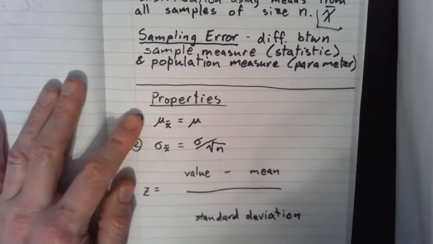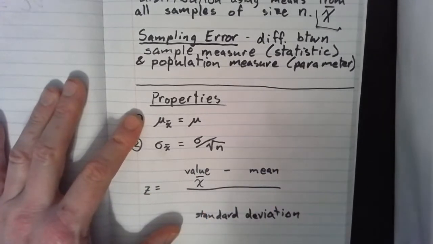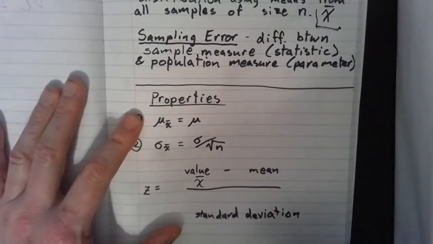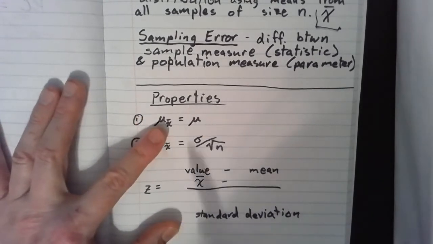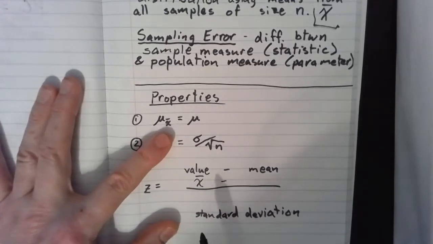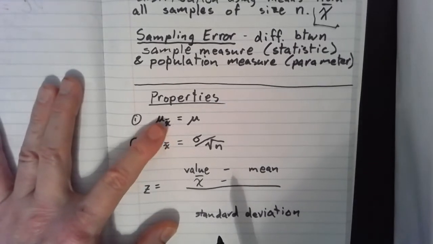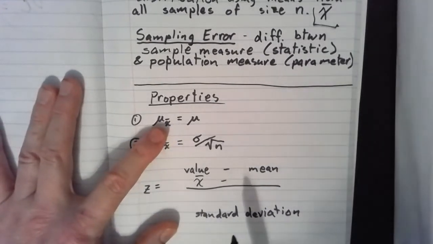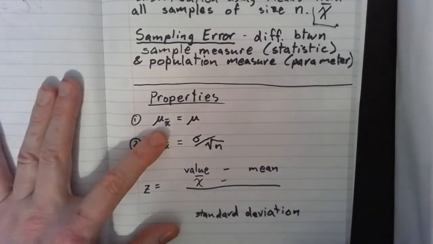The values in this distribution are going to be sample means, so we make a big deal of saying that's x-bar. The mean of the distribution I'm referring to is the distribution of sampling means, so that's why I have the subscript x-bar on this mu.